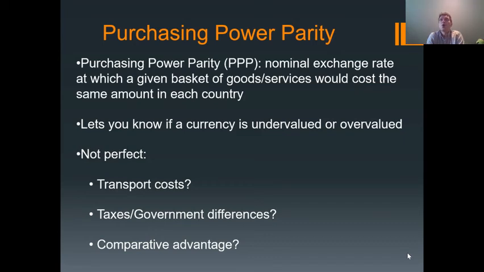So it is not always the most useful thing in real terms, but it can give you an idea if the currency is undervalued or overvalued if you have a very easy to track item. One example that The Economist uses is the Big Mac, because typically transport costs and government differences and things like that don't really factor into what goes into making a Big Mac. So they use that to determine whether the currency is undervalued or overvalued based on just the Big Mac. But once again, still not perfect.